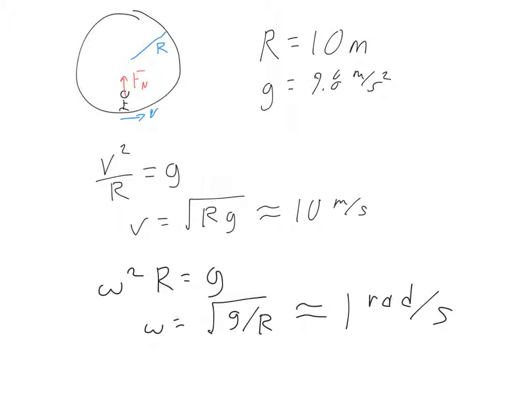So 1 radian per second, or it's going to take around 3.14 seconds to do one rotation, which is kind of fast. In the movies you've seen, it's probably going significantly slower than that. So we could even backtrack and say, I'm looking at this movie, it's taking maybe 10 seconds to complete one revolution. I can backtrack and figure out how many radians per second that is, and figure out how big the ring is, assuming we're getting Earth-like gravity in there.